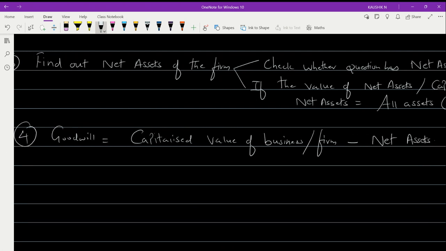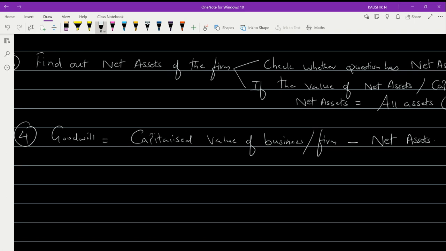And remember, this is the only area where we are not using multiplication. Instead we are using minus, that is the subtraction operation. Apart from this, in all the other methods, we use only the multiplication symbol for calculating goodwill.